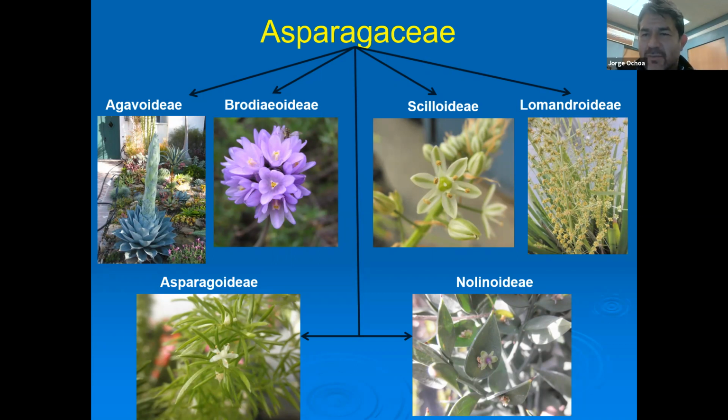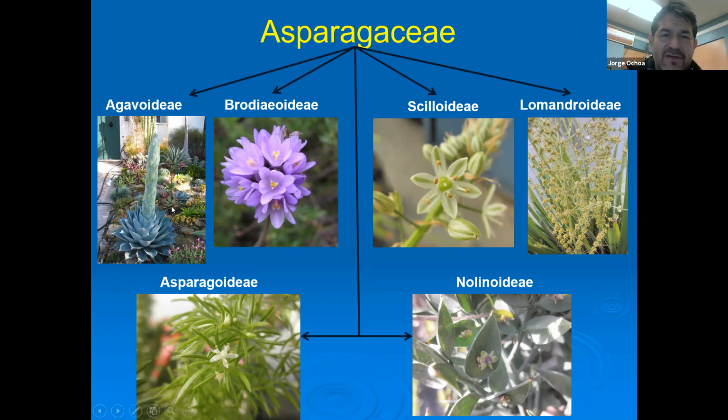And so that is one that is very big now compared to the others. But we're not going to see the entire family of Asparagaceae. We're just going to concentrate on the agaves, or the subfamily Agavoideae, because that's going to be one that is going to be popular for ornamental value.